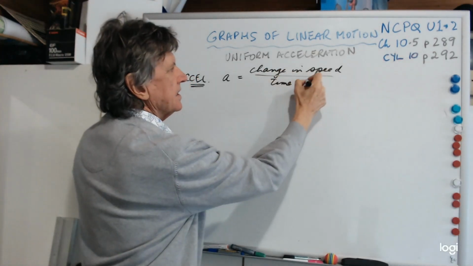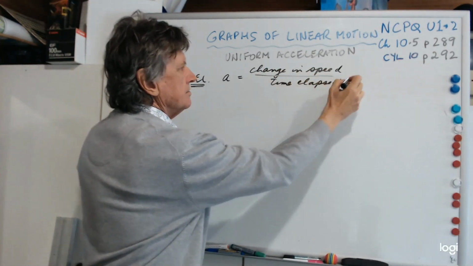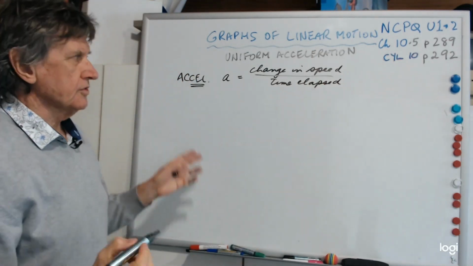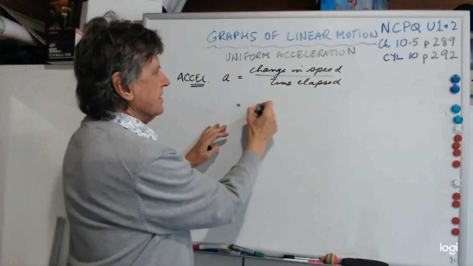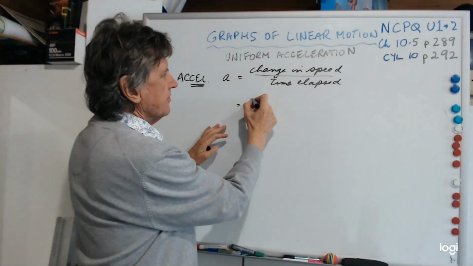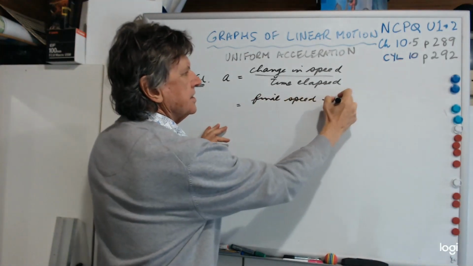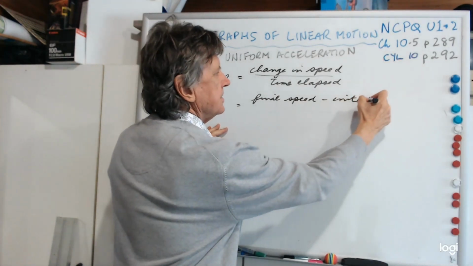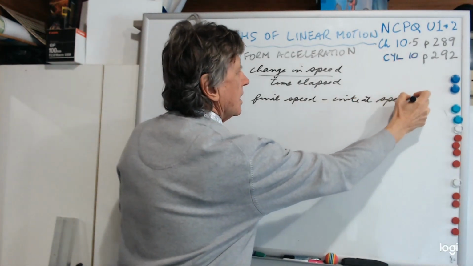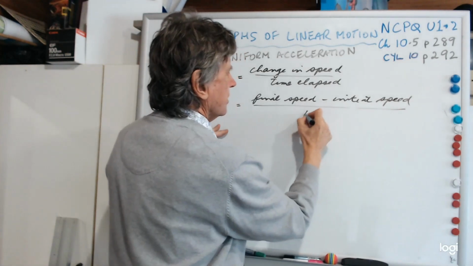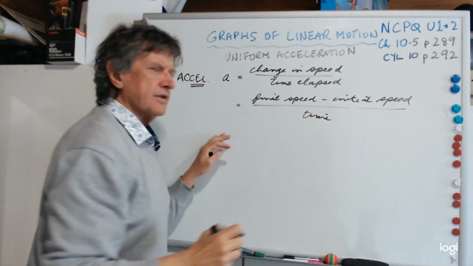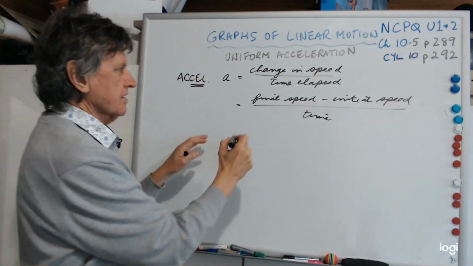Now, that's the time elapsed. Now, just to make sure you realise that, the final speed minus the initial speed over the time. Okay, now there's nothing tricky in this. This is all fairly straightforward.